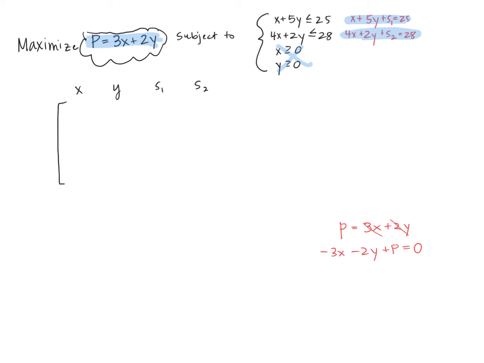Okay, so I have this other variable, p. So in this equation, you can see that I have variables x, y, and p. I don't know what p is. So that's another variable that I have to define at the top. So it gets a column. And then last is going to be my constants.